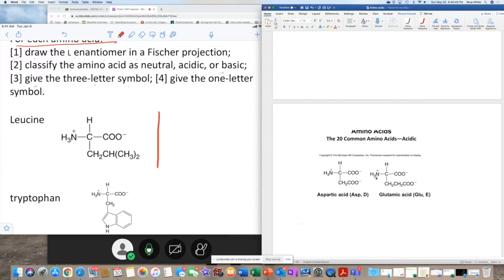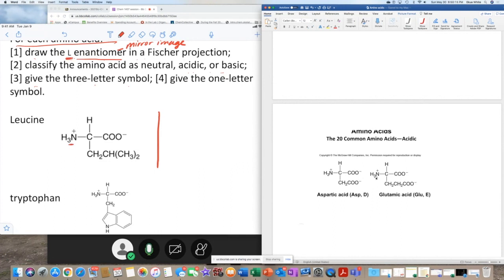They want the L enantiomer. The enantiomer usually refers to mirror images of each other. They want the other molecule, which may or may not be the mirror image, that has L configuration.